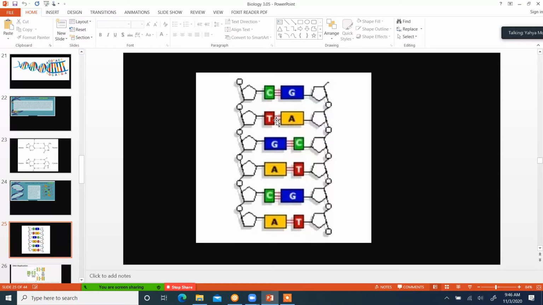C and G. You see how C and G have 3 hydrogen bonds, so this is held together slightly stronger than A and T. Is that always the case? Yes, C and G always have 3 hydrogen bonds, and A and T always have 2, unless there's some mistake or problem.